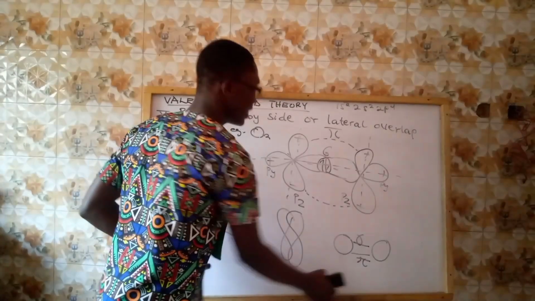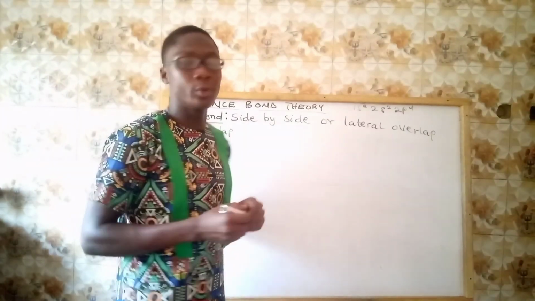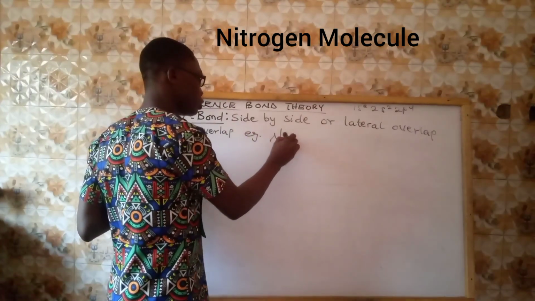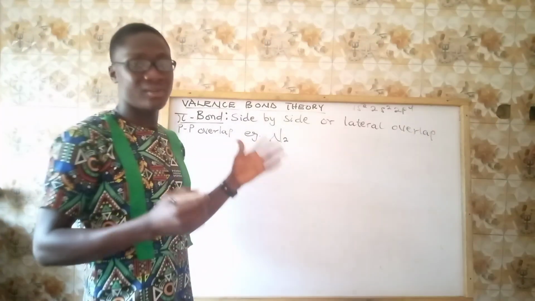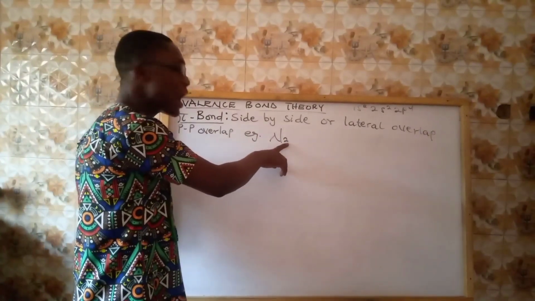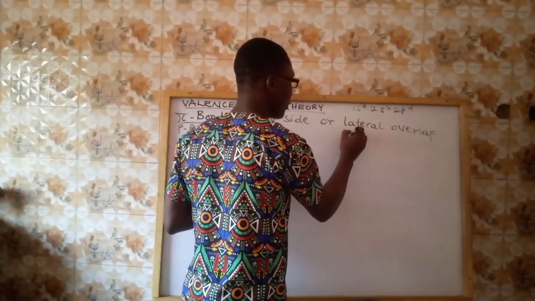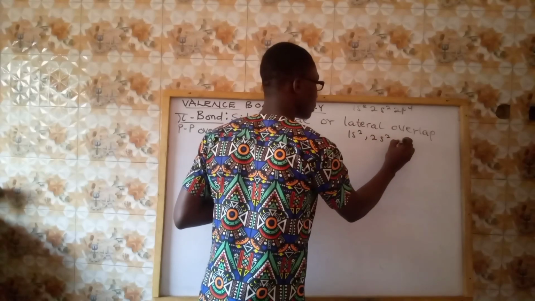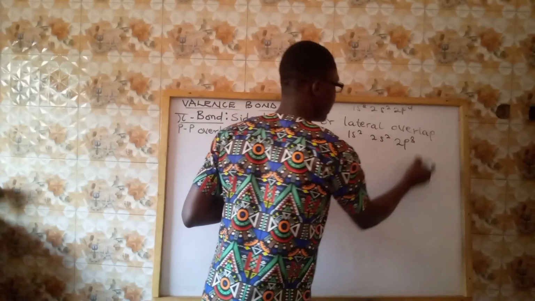So let's check the next example. Our next example is the nitrogen molecule, N2. What will be the bond or the overlap here? We have two atoms of nitrogen, and the configuration is 1s2, 2s2, 2p3.